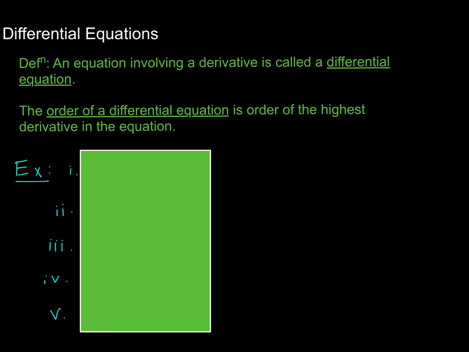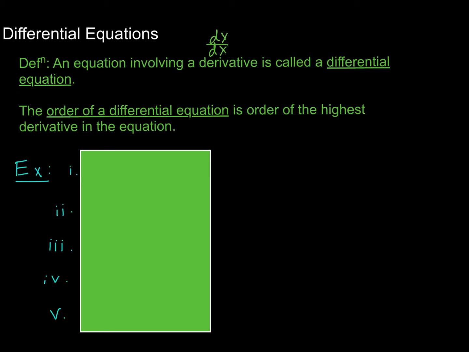Really what that is saying is an infinitesimally small change in y over an infinitesimally small change in x, which gives you that instantaneous rate of change. And so hence we have the term differential equation. And that's why in most situations when we represent the derivative in a differential equation, we'll use dy over dx. That doesn't mean that that's always the way we represent it, but usually it is.